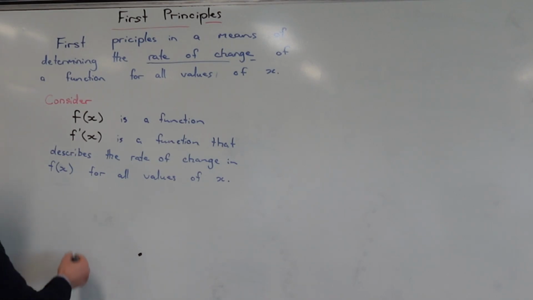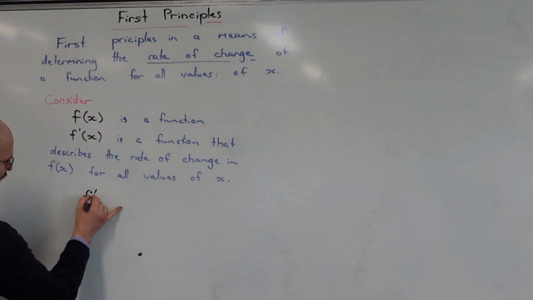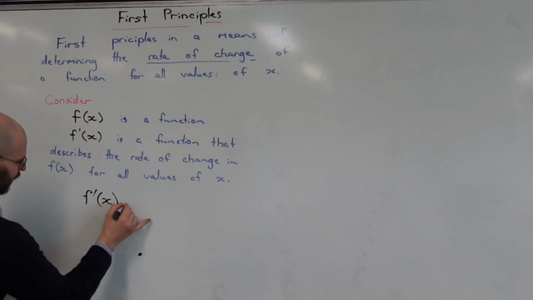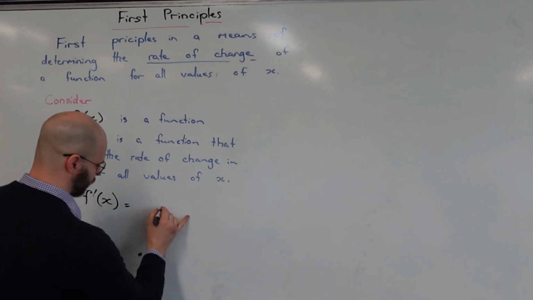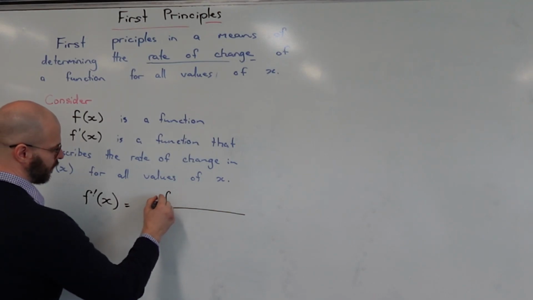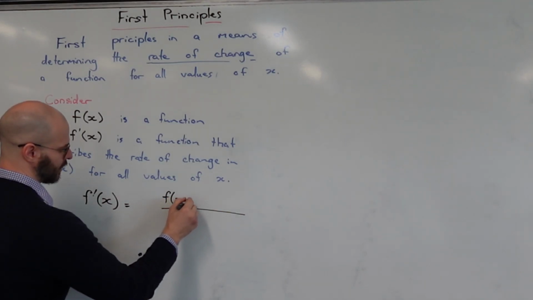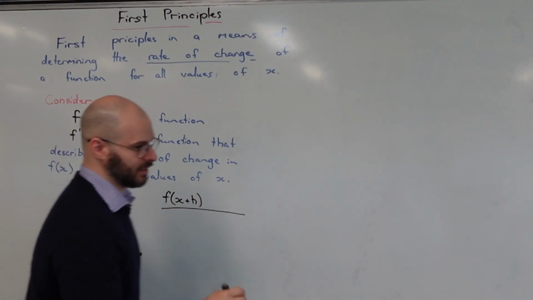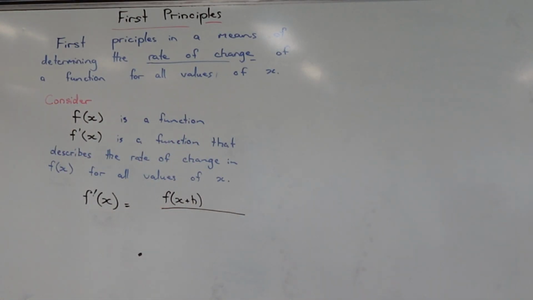Putting this together, we can define f dash of x as, and we'll set up what we had before, f of x plus h, where h is the difference between this point and this point here. So h is the additive part there.